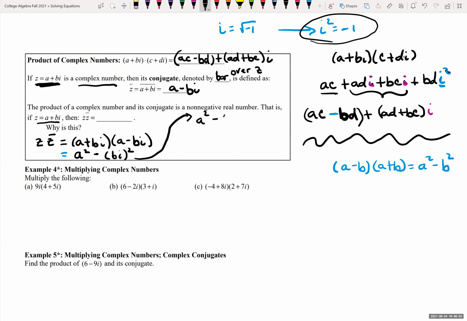So this is really minus negative b squared. Minus a negative is plus. So this would be in the form of a squared plus b squared. So if you're multiplying by the conjugate, you can just square the real part plus the square of the imaginary coefficient.